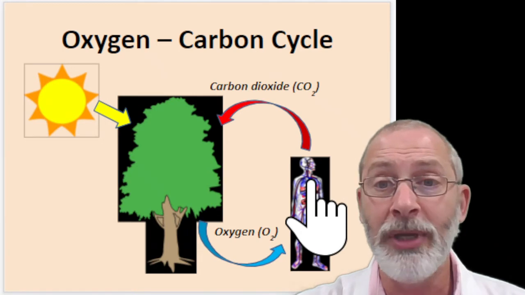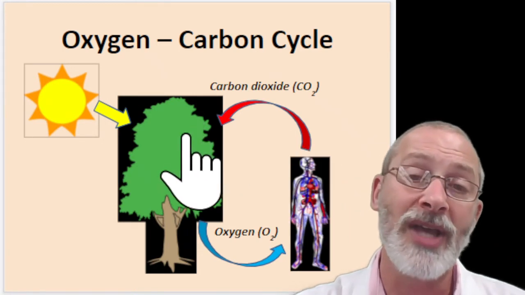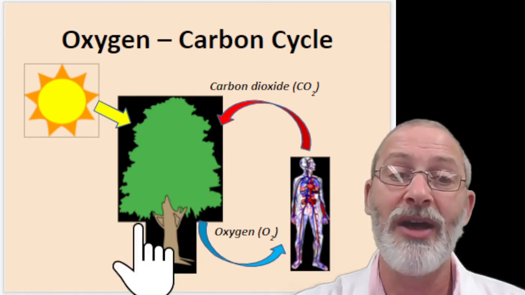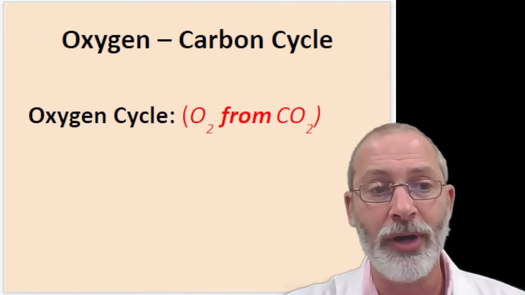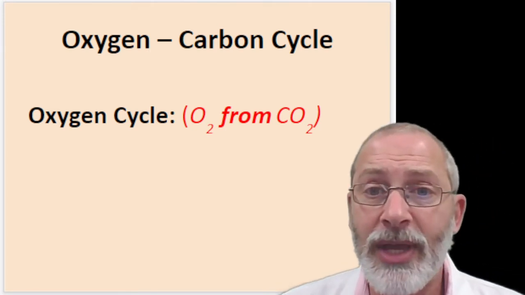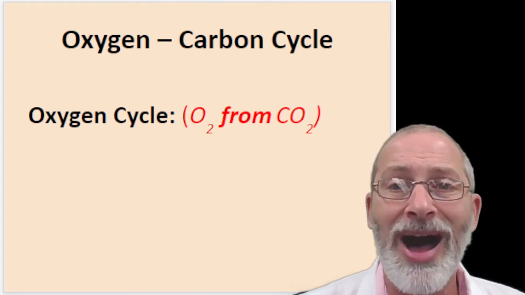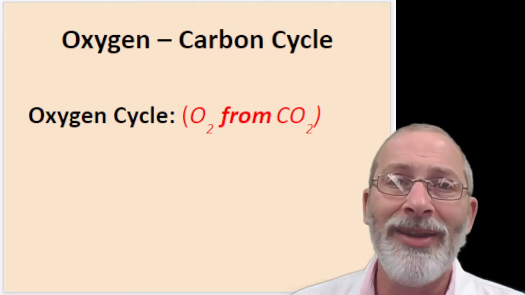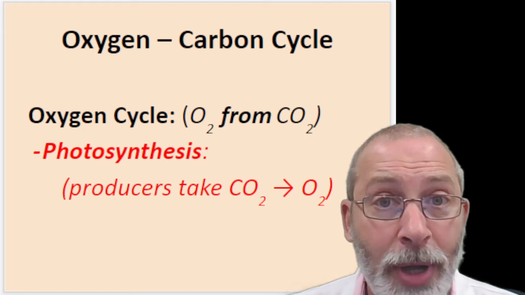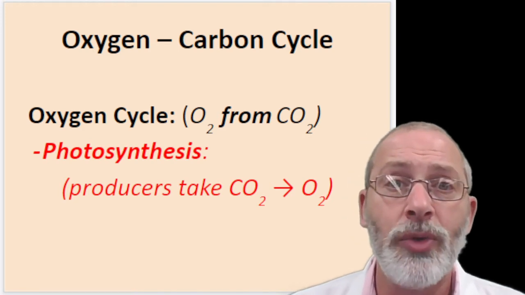We consume it and we produce carbon dioxide, which the plants need. And the cycle repeats itself over and over again. So the oxygen cycle is a cycle that goes from oxygen to carbon dioxide. And the key component of this is photosynthesis.